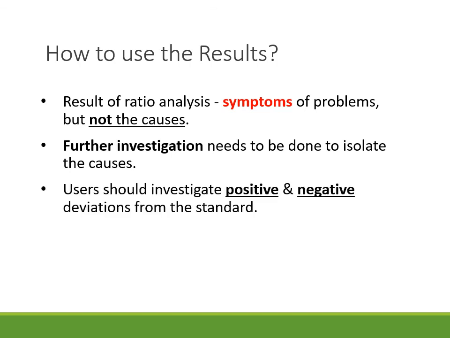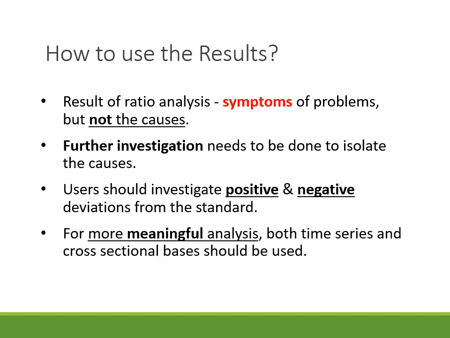Users should investigate both positive and negative deviation from the standard. Usually they trace it against the industry average. For more meaningful analysis, both time series and cross-sectional basis should be used. So you should use both of them to see a bigger picture.